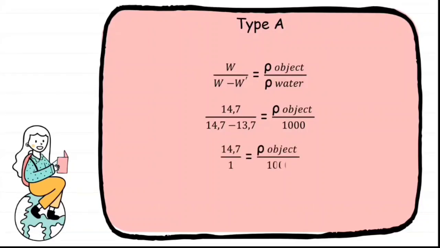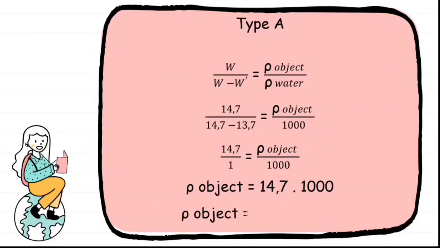So 14.7 over 1 equals rho object over 1000. You should cross multiply. So rho object equals 14.7 times 1000, which is 14,700 kg per meter cubic.